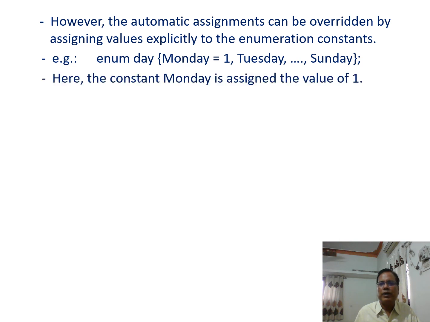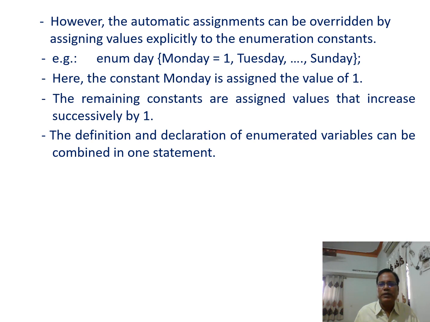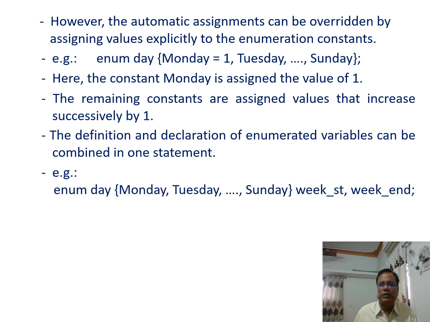Here the constant Monday is assigned the value 1 and the remaining constants are assigned values that increase successively by 1. The definition and declaration of enumeration variables can be combined in one statement: enum day from Monday to Sunday as enumeration constants, then declaring the two enumerated variables week_start and week_end.